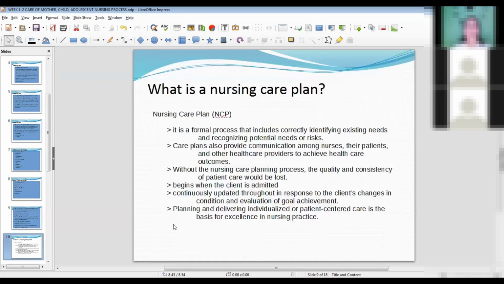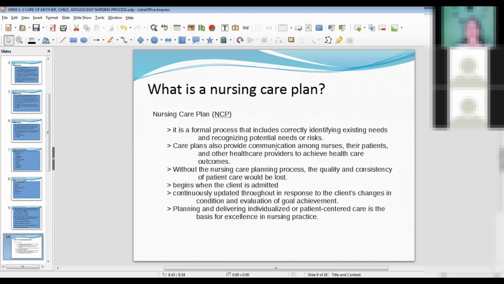Okay, nursing plan na tayo. Again, it is a formal process that includes correctly identifying existing needs and recognizing potential risks. So we are not just focusing on the actual problem, but we can also see kung ano pa yung potential problems that may occur because of the presented signs and symptoms.